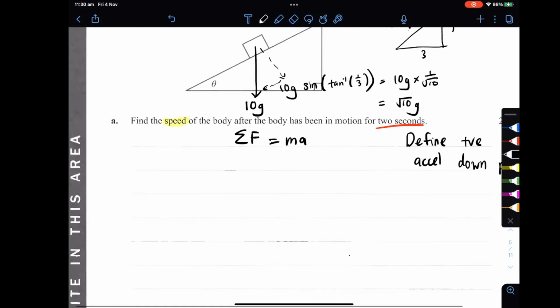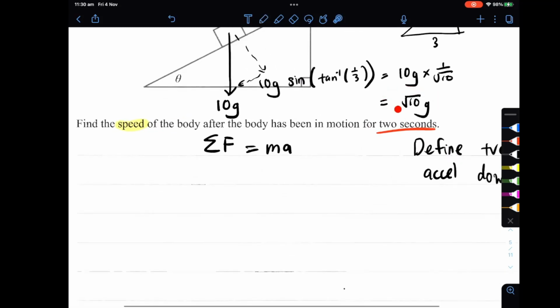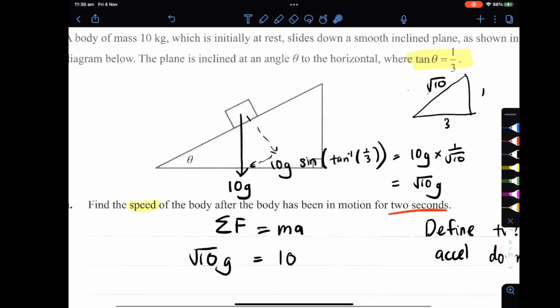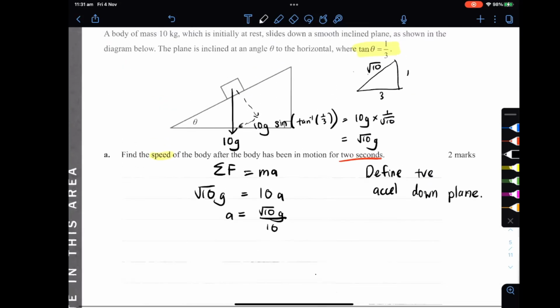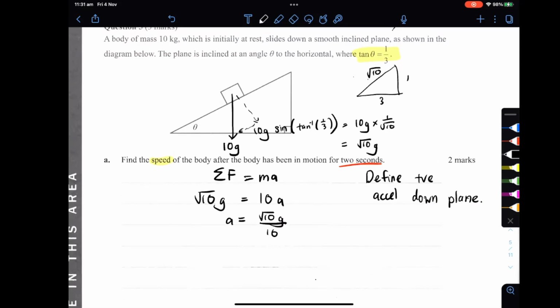Okay, so that's what we're going to do first. Now we know that this is the force, root 10g. The mass is 10. And his acceleration we don't know, we want to find that. So his acceleration is just going to be root 10g over 10, which we can just leave like that. Okay, that's acceleration, by the looks of things.